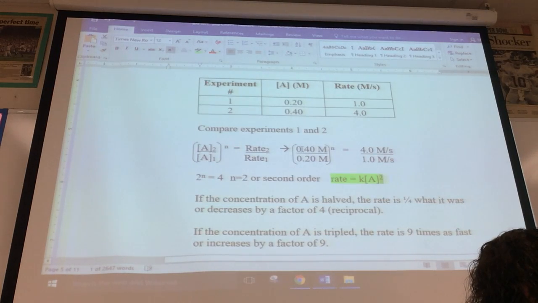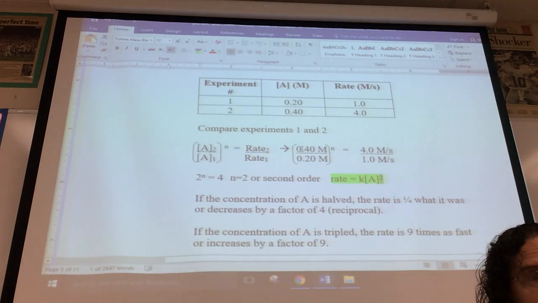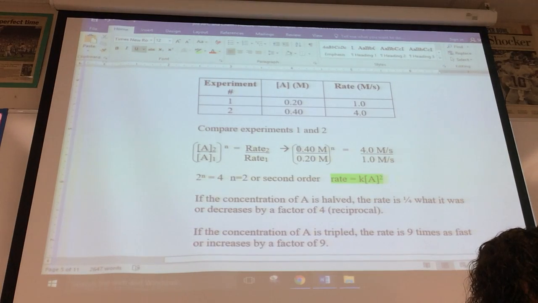Some of the kids asked, well, what do I put on top? How do you know? Doesn't really matter as long as you're consistent, but sometimes kids really don't like fractions. So put the larger concentration on top, which is from experiment 2, and therefore everything from experiment 2 goes in the numerator.